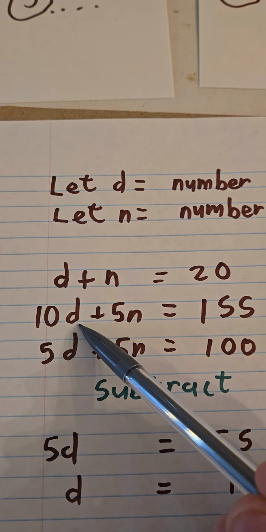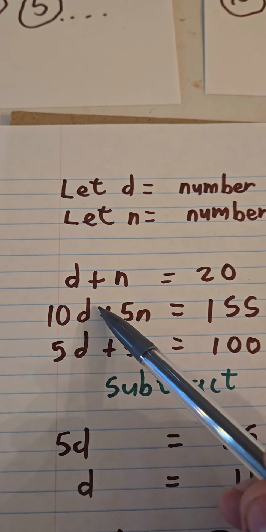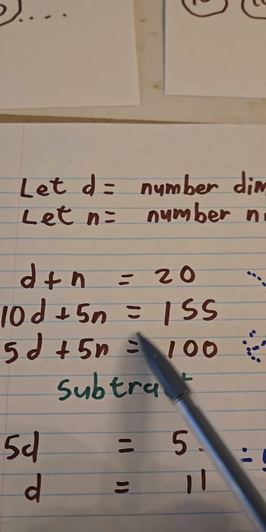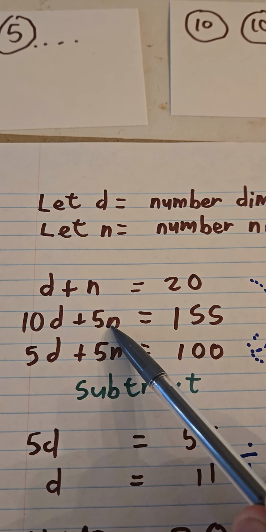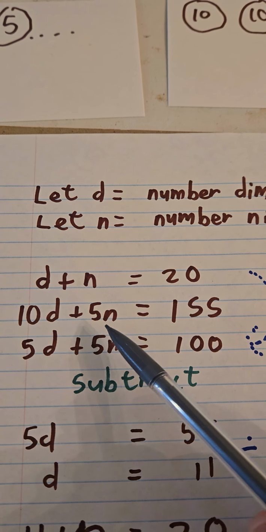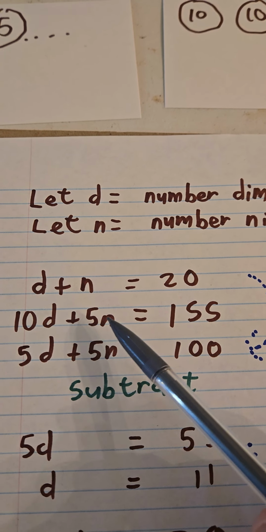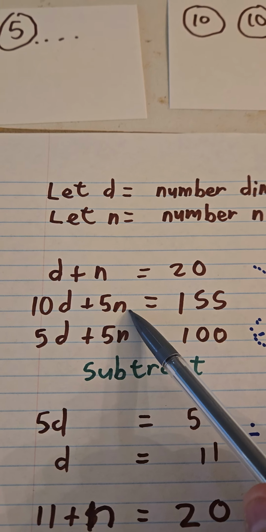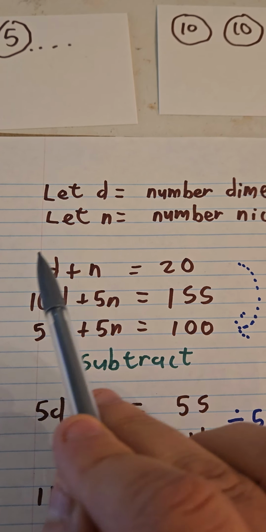If we have D dimes, the total is D times 10, or 10D. Same thing with nickels: if I had 15 nickels, the total would be 15 times 5. If I have N nickels, the total is N times 5, and I put N because I don't know the number. So there are my two equations.